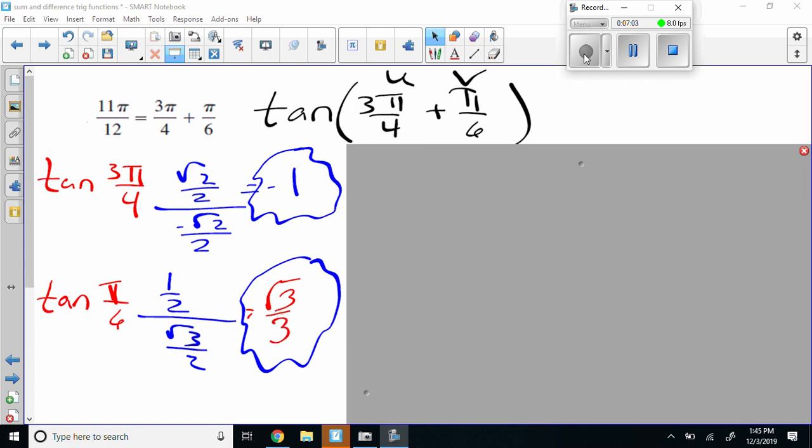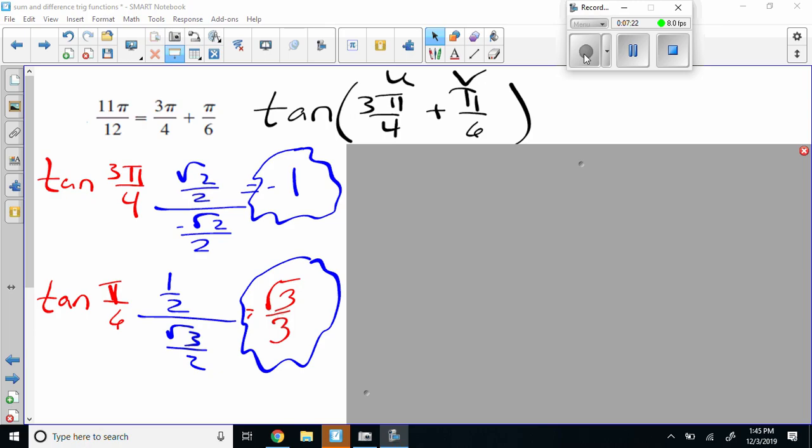Meaning, if I were to look at any radians that had a denominator of 6, then their answer for tangent would be square root of 3 over 3. The only thing you'd have to do is make sure whether it was positive or negative.